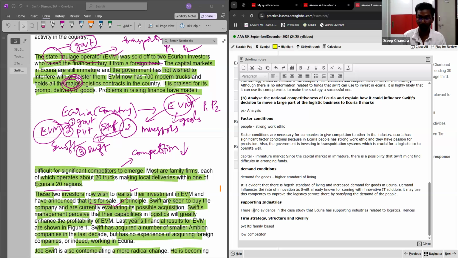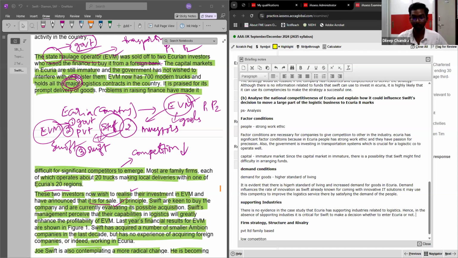Hence, in the absence of supporting industries, it is critical for Swift to make a decision whether to enter ACCA or not.